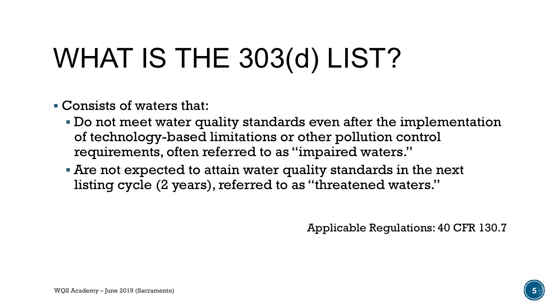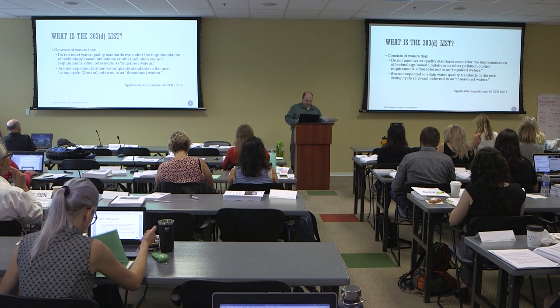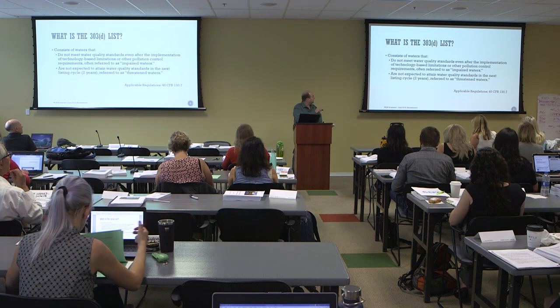And also threatened waters, which is, you can read that description, we'll get to that, or maybe I'll just say it right now. Yeah, it's basically a threatened water is water that is expected to be non-attainment within the next 2 years. So anyway, okay, we'll get into more stuff as we go.